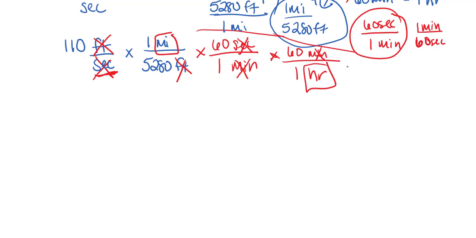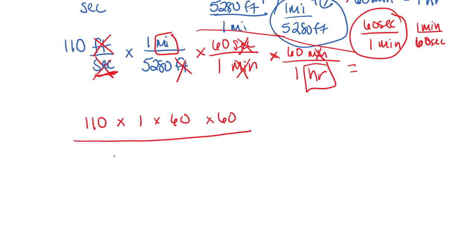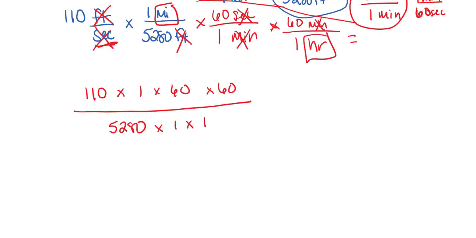So let's go ahead and just rewrite this. So we have 110 times 1 times 60 times 60 on the top. On the bottom, we have 5,280 times 1 times 1. Then we're left with miles over hour.